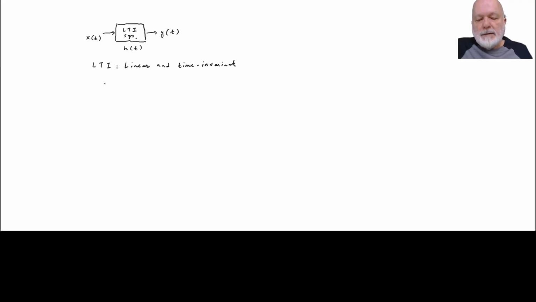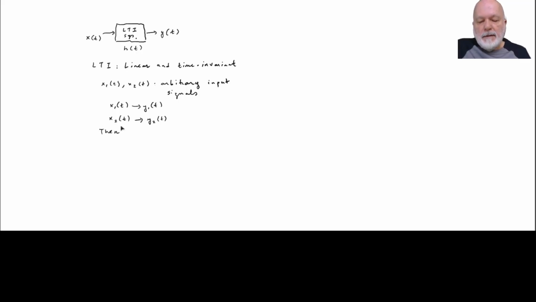Linearity means if you have two arbitrary input signals, x1 of t and x2 of t, and x1 of t gives us the output y1 of t, x2 of t gives us the output y2 of t.